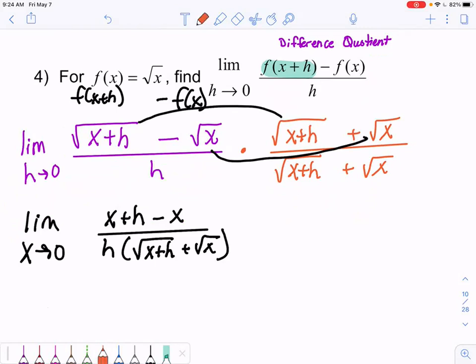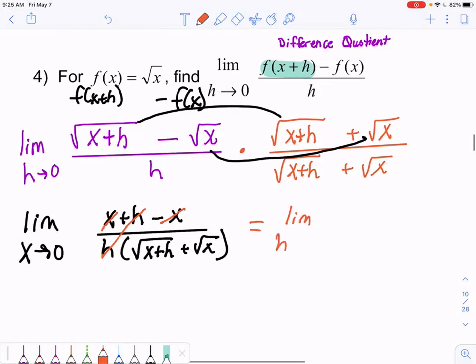So notice in this problem, the x's are going to cancel. And then, because I have an h remaining and an h that's being multiplied by that quantity, those h's also cancel. And that's our end goal. Can we get that h in the denominator to cancel so that my denominator is no longer undefined?